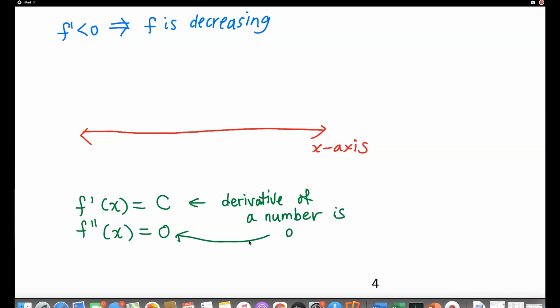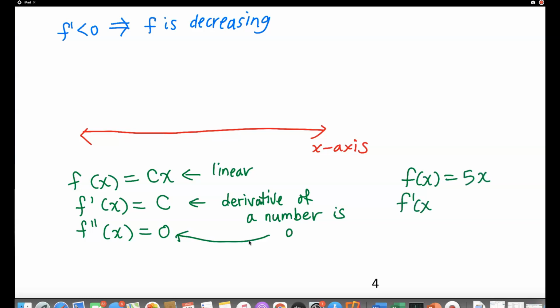So if the second derivative is 0, I know the first derivative, a step before that, was probably just a number. What kind of function has a constant first derivative? Wouldn't that be c times x, a linear function? Because imagine if I give you a random one, let's say that I make up a random function. How about if I say f of x is 5x? What is the first derivative of 5x?